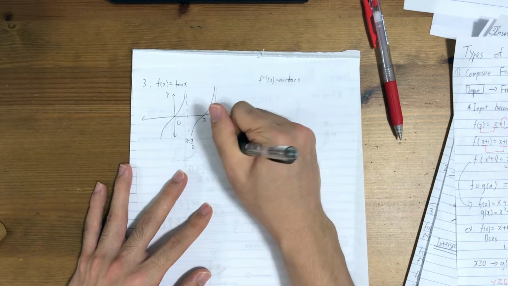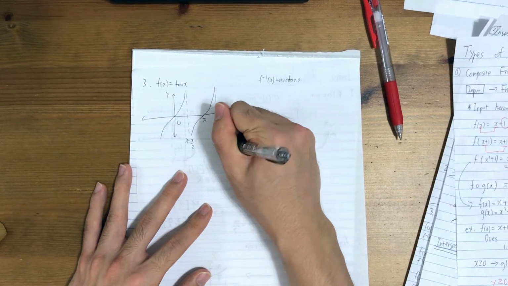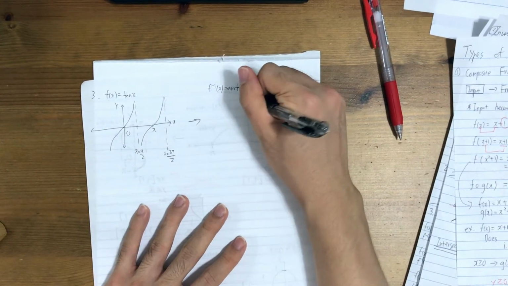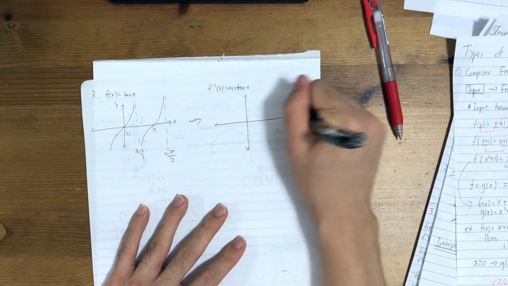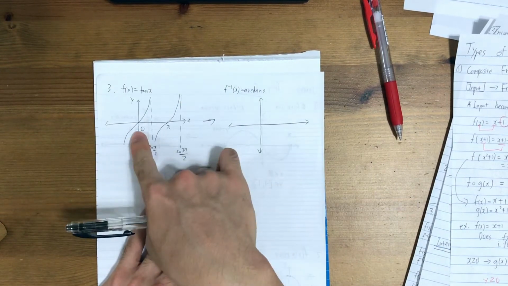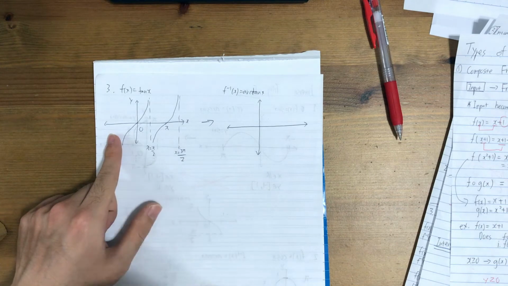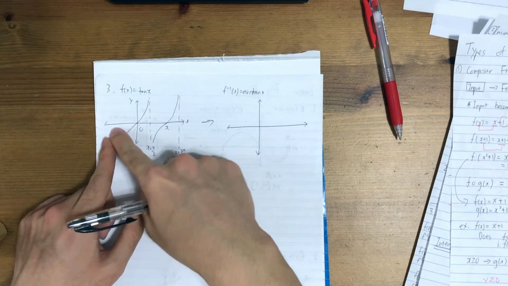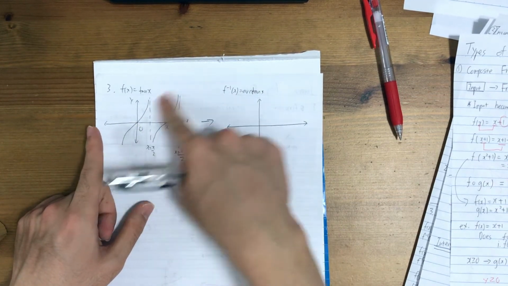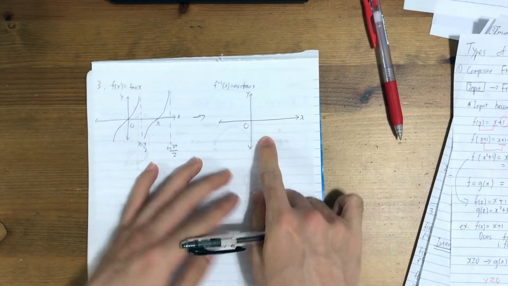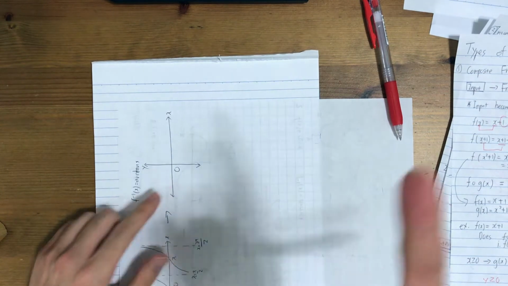So this is pi and this is 3 pi over 2. So again, how we can sketch the inverse is that this entire thing is reflexive over y equals x, right? But it's a bit hard to sketch it just using y equals x.